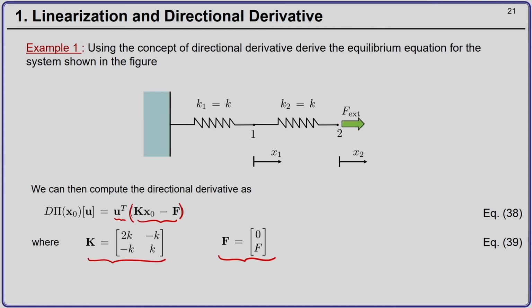So, that is what you get for the value of the directional derivative of the potential energy computed at x 0 in the direction u.